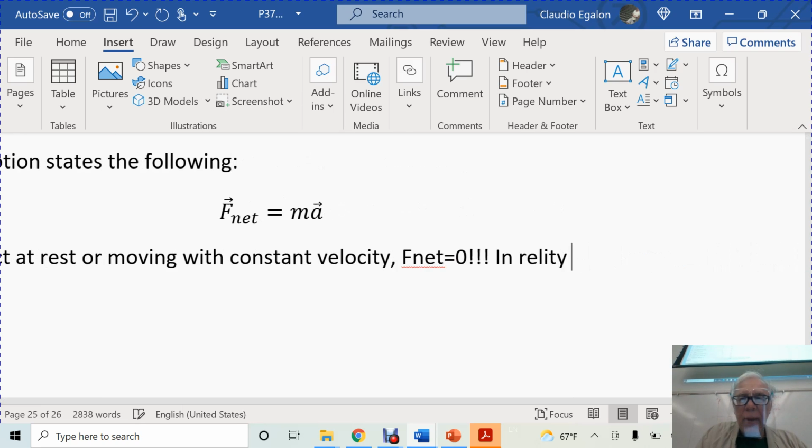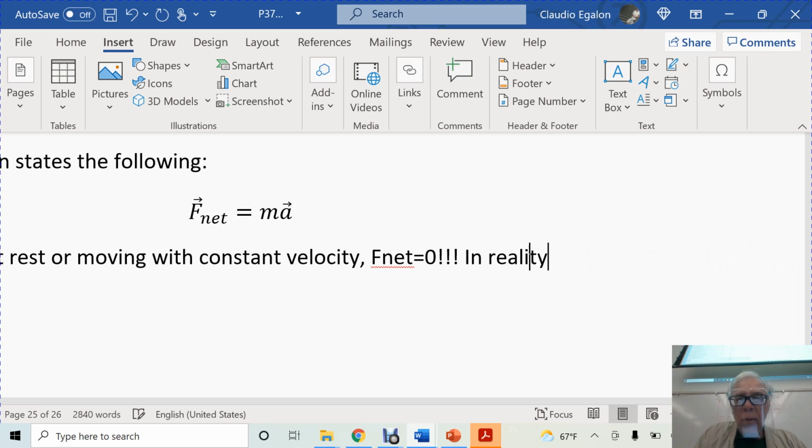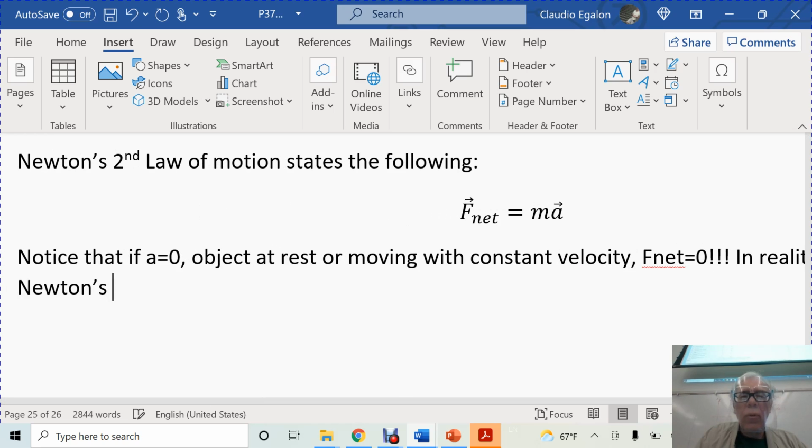In reality, we can get Newton's first law from the second.